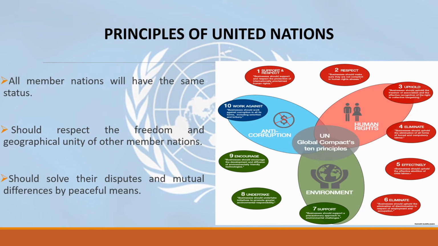Let us come to the next point: all member nations should solve their international disputes and mutual differences by peaceful means, which means that all the nations should live in a friendly way. There should be no disputes between one nation and another nation. A kind of mutual understanding should be there to maintain peace in the United Nations.